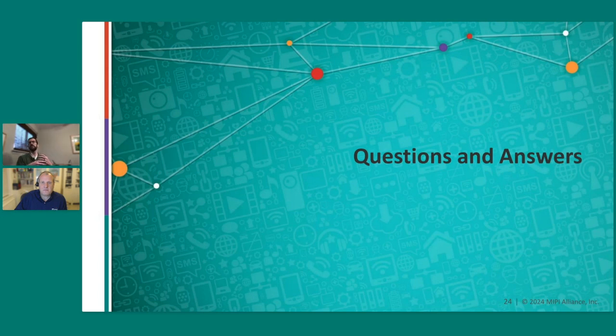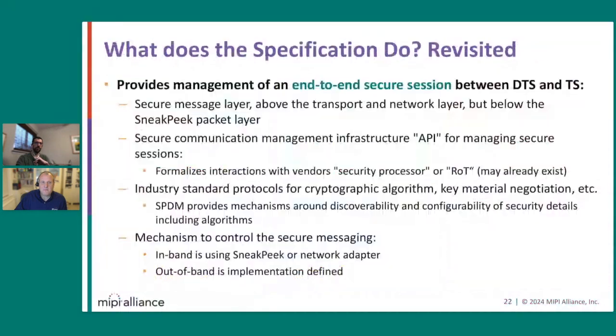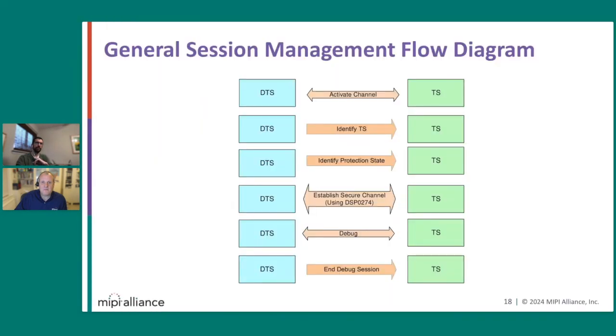When we established a session, we went through that whole management flow, identifying the protection state. There's a little bit of information in the transport to know whether a secure session is enabled and which network adapters are covered by it. So that's where that information would come out. Again, depending on the implementation, the architecture and specification will let you do something like that. Yeah, that's a good question.